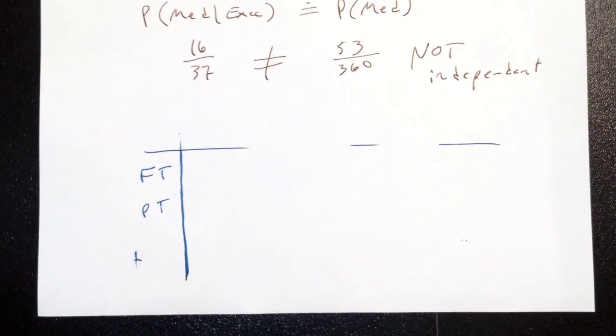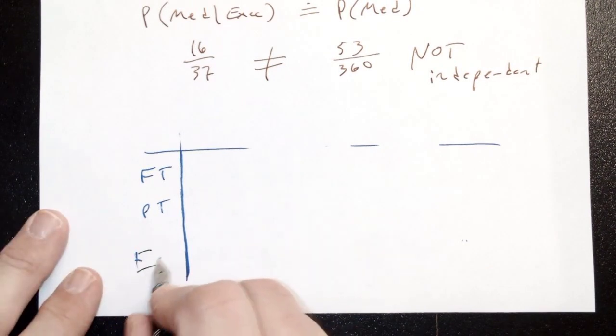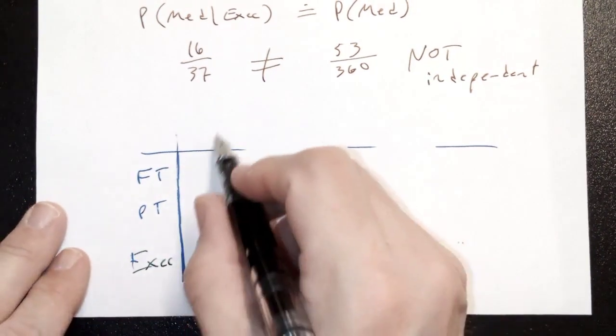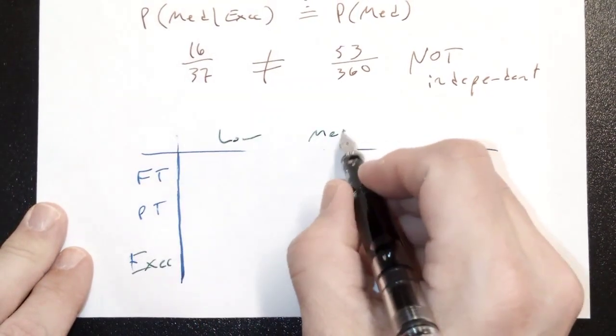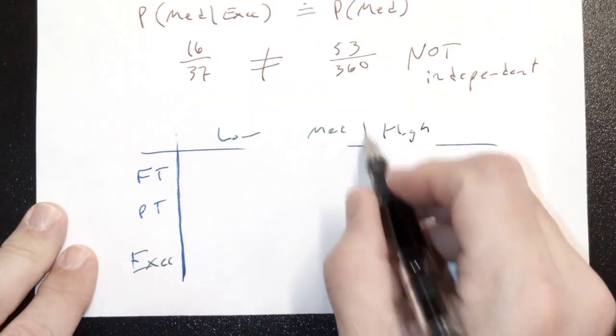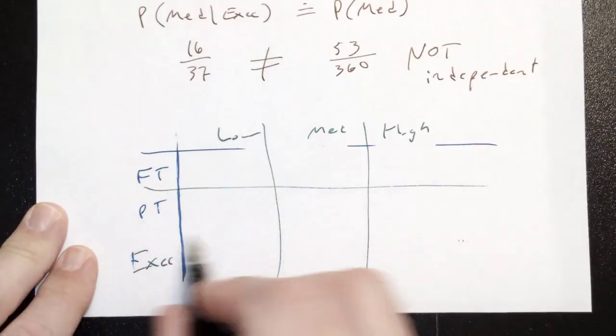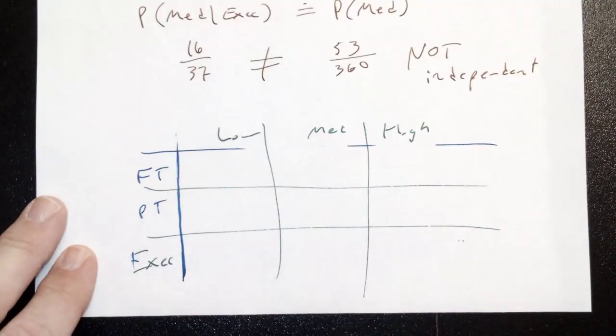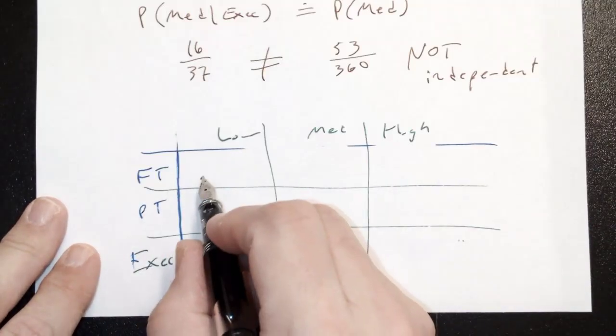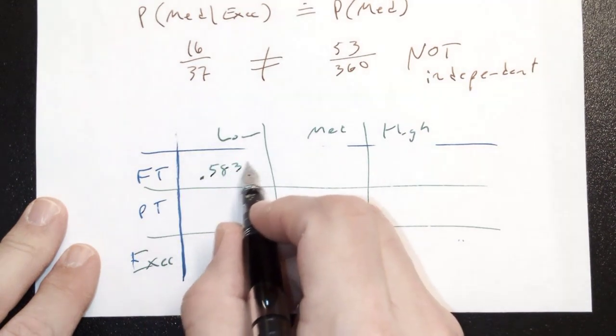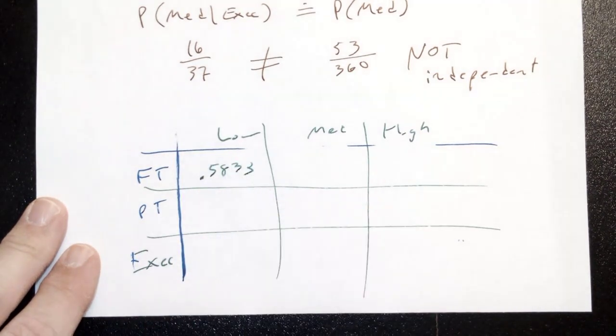But all I did is I took every number and divided by 360.